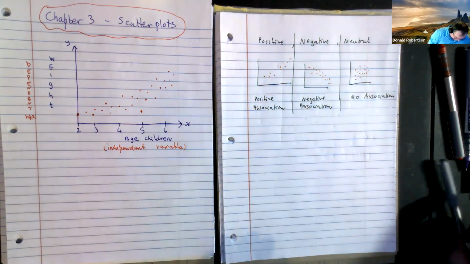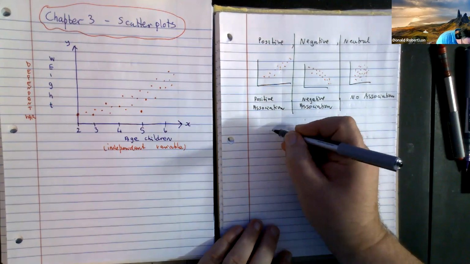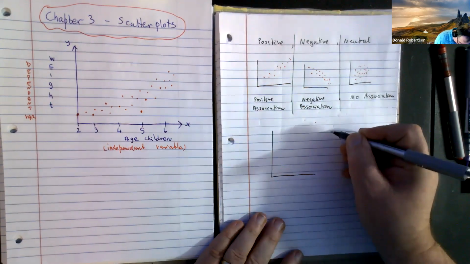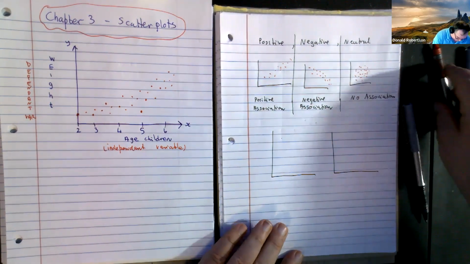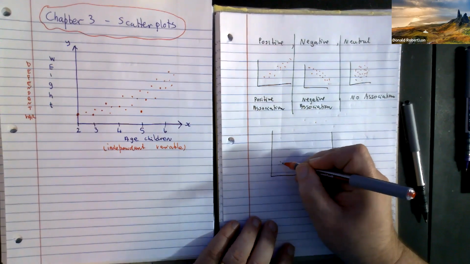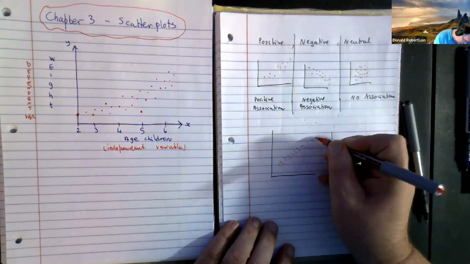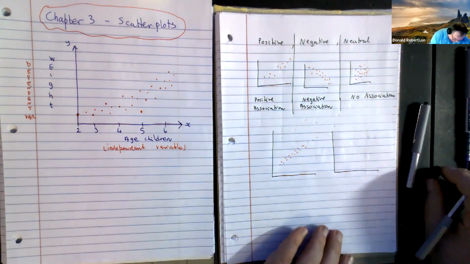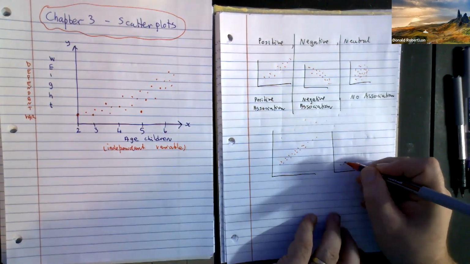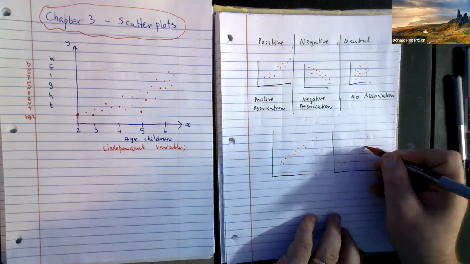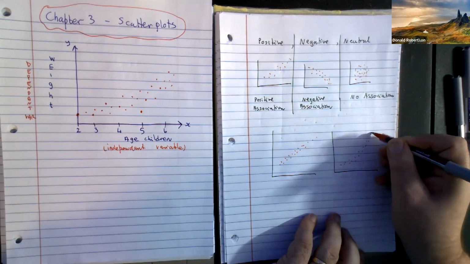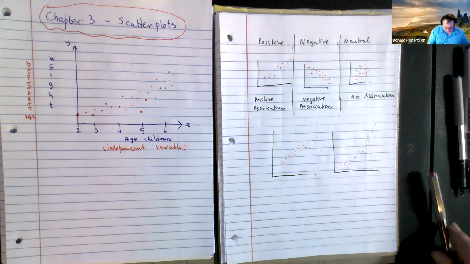Now, within positive or negative for that matter, there are two flavors of positive. The first one looks like that. And the second one looks like that.